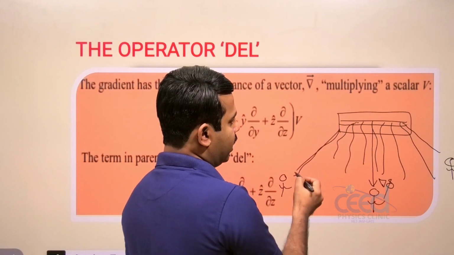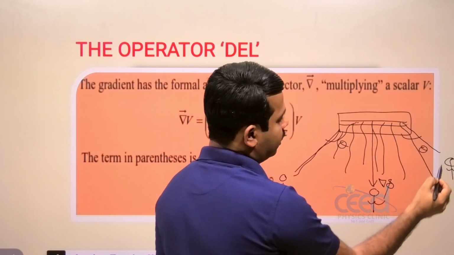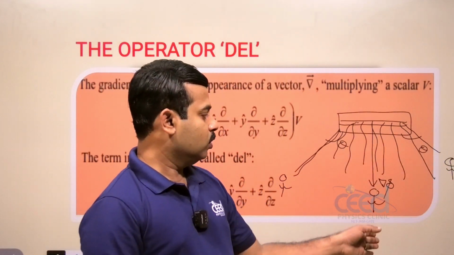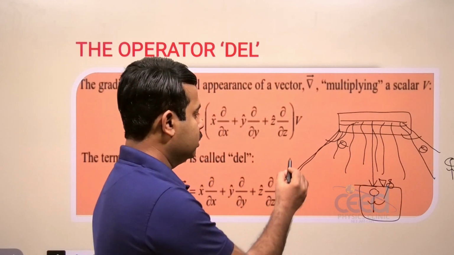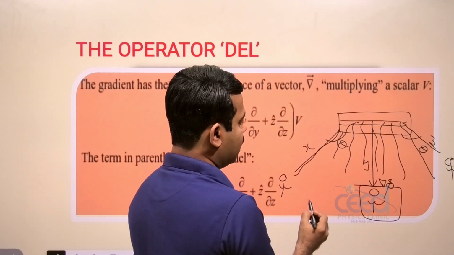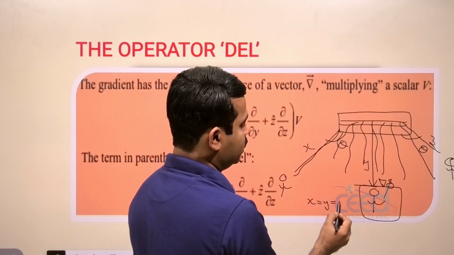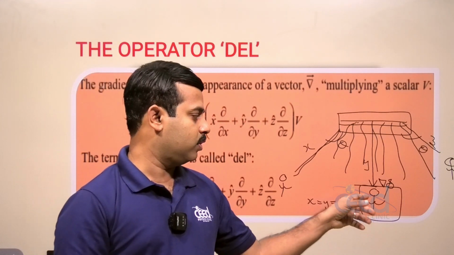This is not a del phi direction because it is coming at an angle theta, and this also is coming at an angle theta. So this person is getting maximum cool air, suppose this distance, this distance and this distance, x equals y equals z. Then also the maximum cool air is for this person, why?